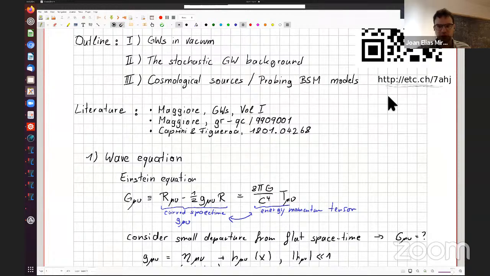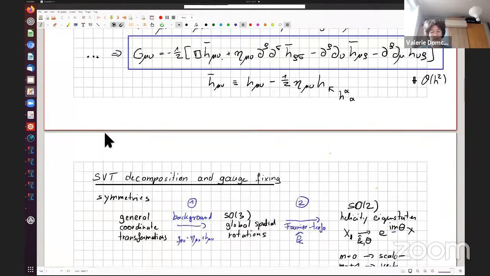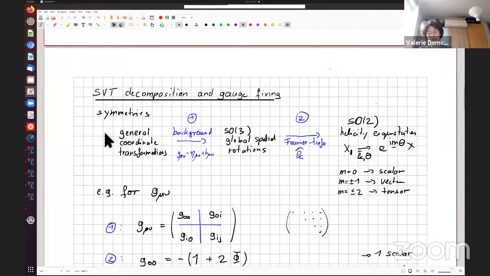So Francesco asked whether the reference that you gave by Maggiore contains an explanation of the SVT decomposition. Yeah, so the Maggiore textbook contains the discussion about how you do the individual gauge fixing steps, to then arrive at the two degrees of freedom. So it talks about Coulomb gauge and these things, and the transverse traceless gauge. Now this story here is the very general picture of cosmology.